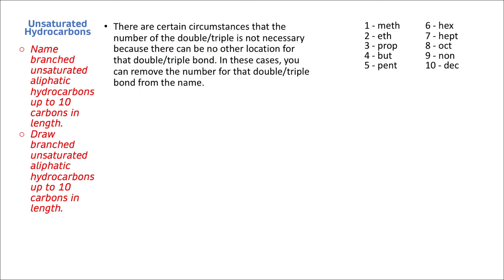There are certain circumstances where the number for the location of the double or triple bond is not necessary, because there is no other possible location for that bond. For example, if I have just 2 carbons, this is an ethene, but I don't need to call it 1-ethene, because there's nowhere else the double bond can be.